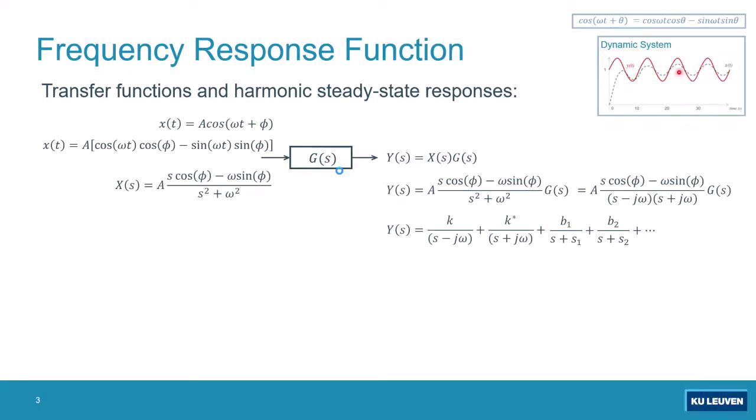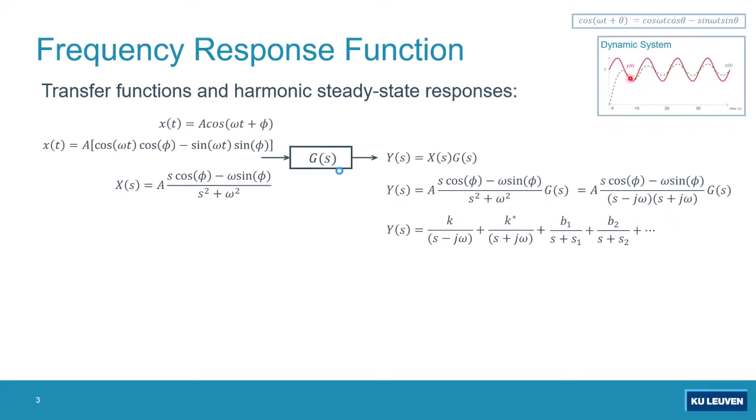If you look at this, when the input is harmonic in a steady state condition, the response is also harmonic, which doesn't happen in the transient region. In the transient region, everything is still not stationary, still varying in time.